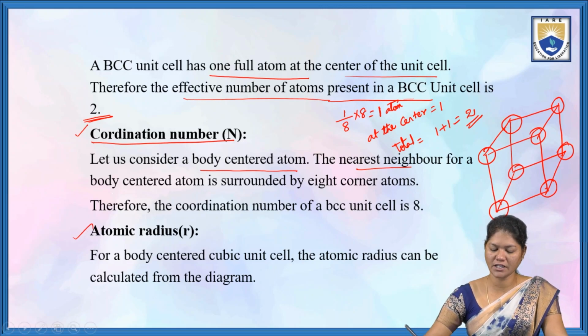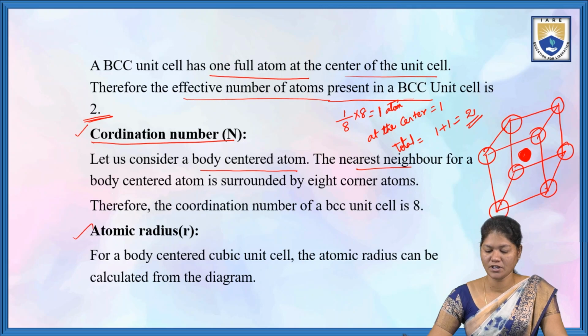So we are considering the body centered atom. In this cube, this is the body centered atom. Considering this body centered atom, what are the nearest neighboring atoms? How many nearest neighboring atoms are there with respect to this body centered atom?